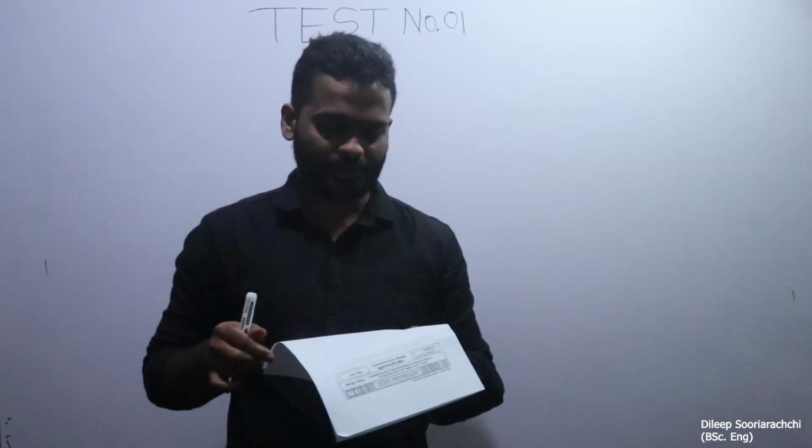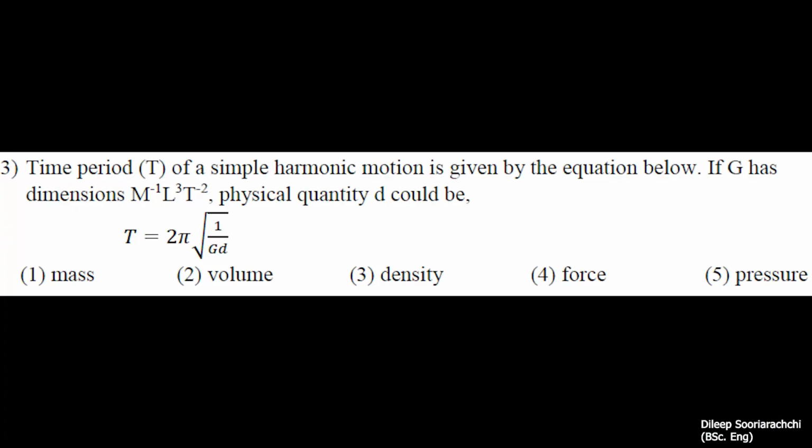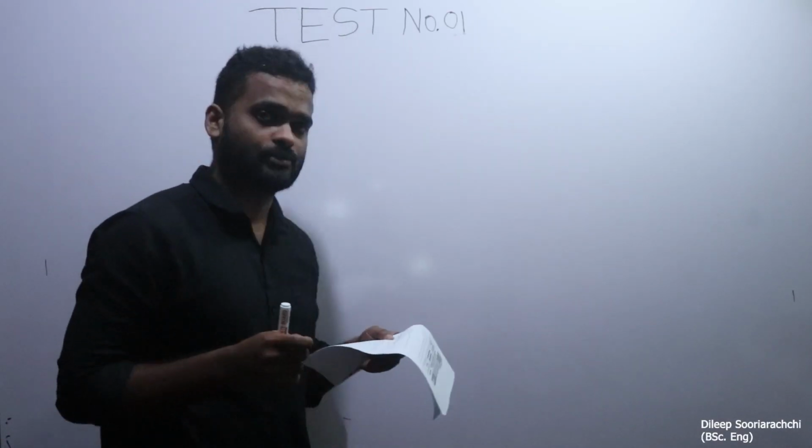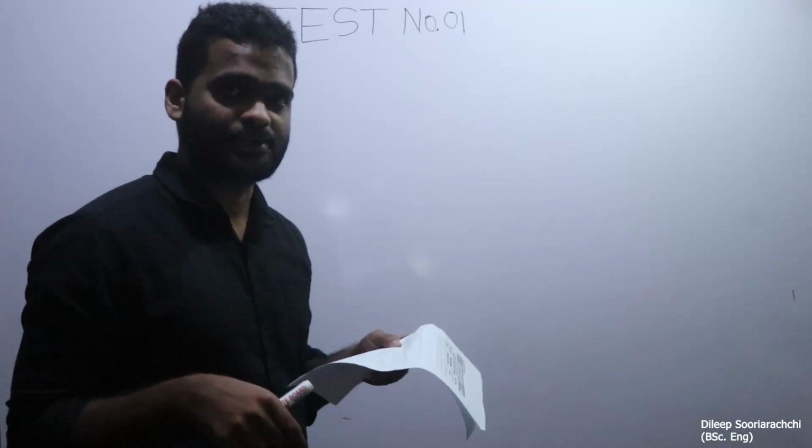Okay, the third question. Time period of a simple harmonic motion is given by the equation below. If G has dimensions M minus 1 L cubed T minus 2, they are asking what physical quantity d could be. So here you just have to substitute the dimensions in the equation.